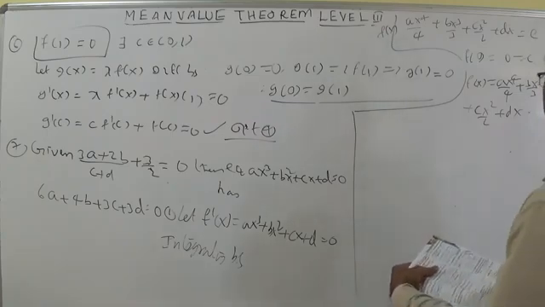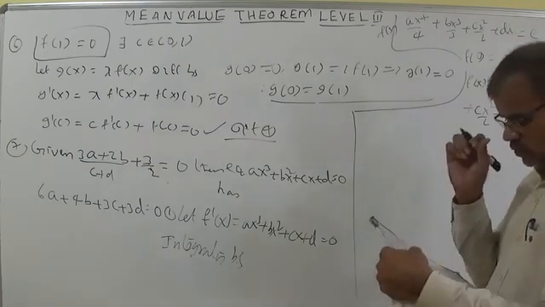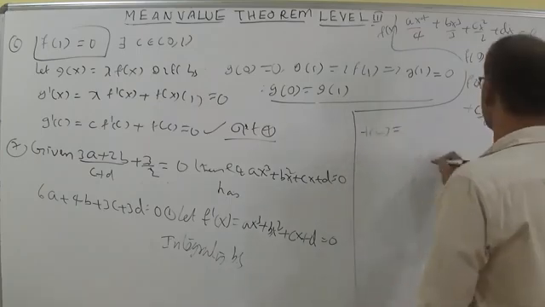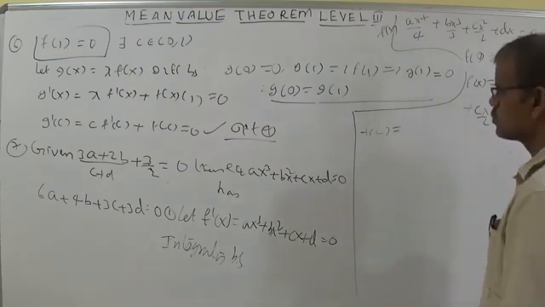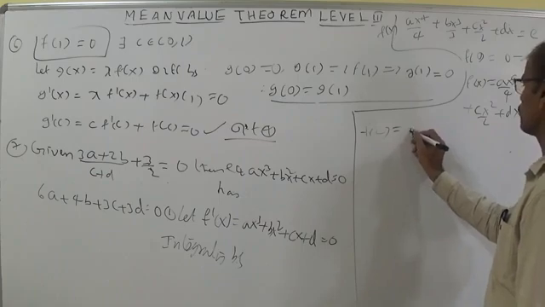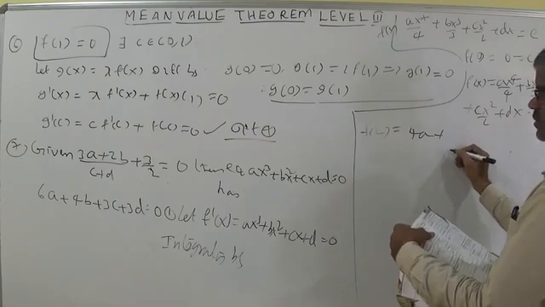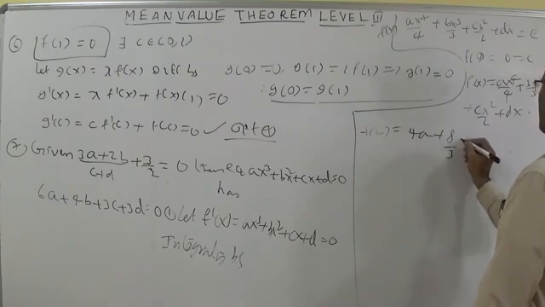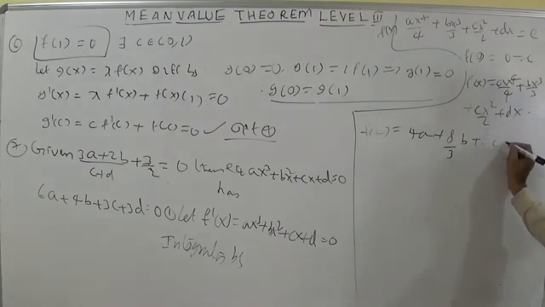According to option 2, let us discuss option 2. We have f of 0, so let us substitute f of 2. 2 power 4 is 16, 16 by 4 is 4, so 4a, plus 8 by 3 b, plus 2 square by 2, which is 2c, plus 2d equal to 0.